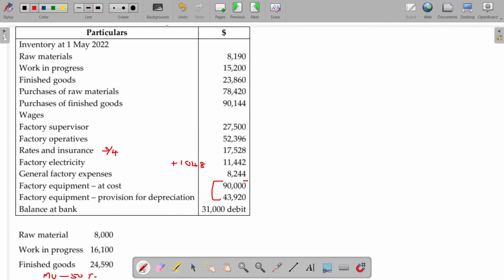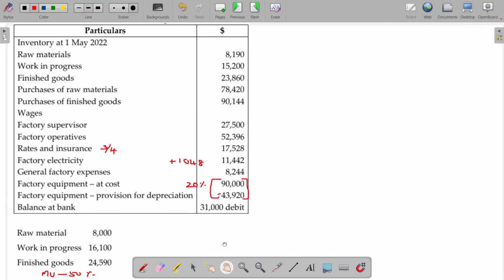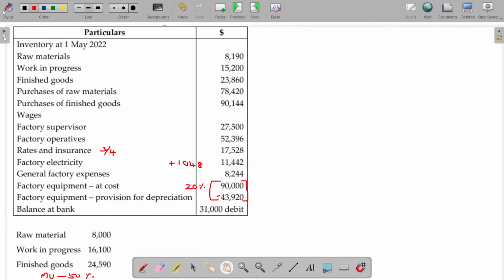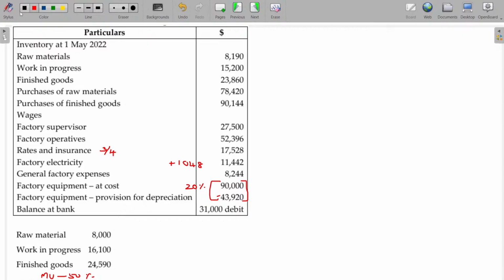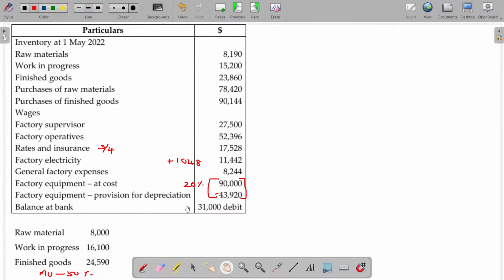So if you subtract this value from here, on this balance 20% will be the depreciation. Is that okay? The sum is pretty simple as usual. I am going to repeat this. Okay. Manufacturing account.